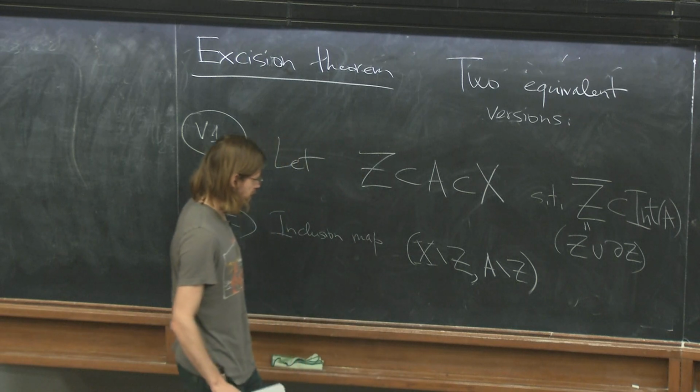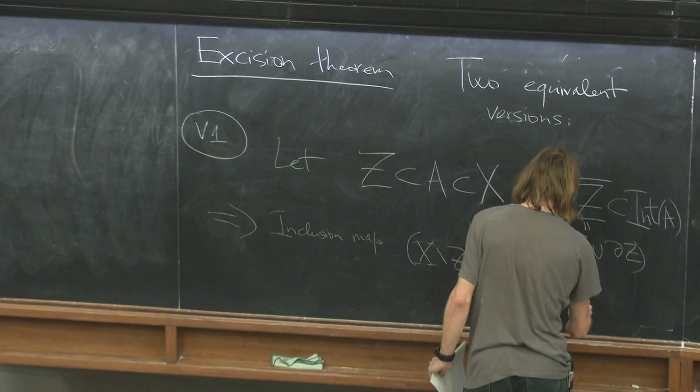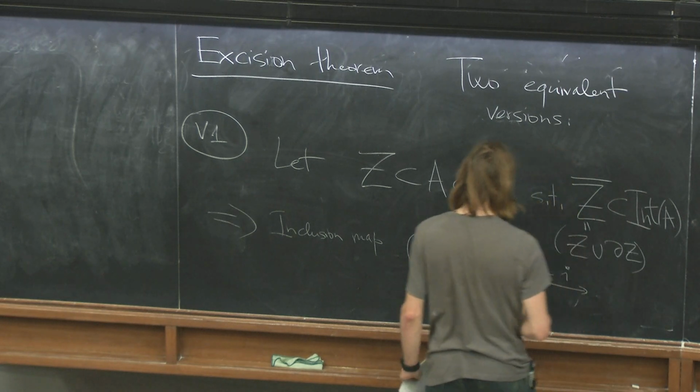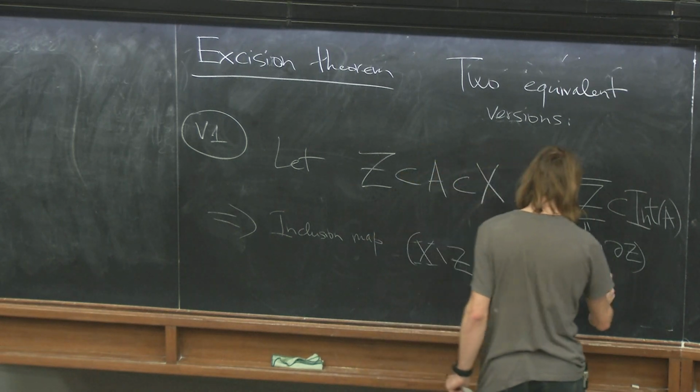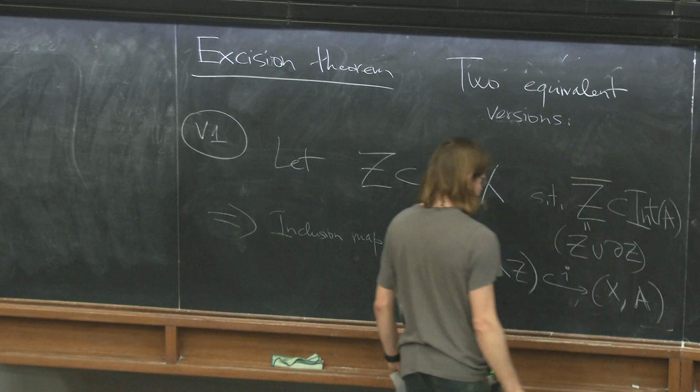So we can consider this as a pair, and we can consider a map which is inclusion to the pair X, A.